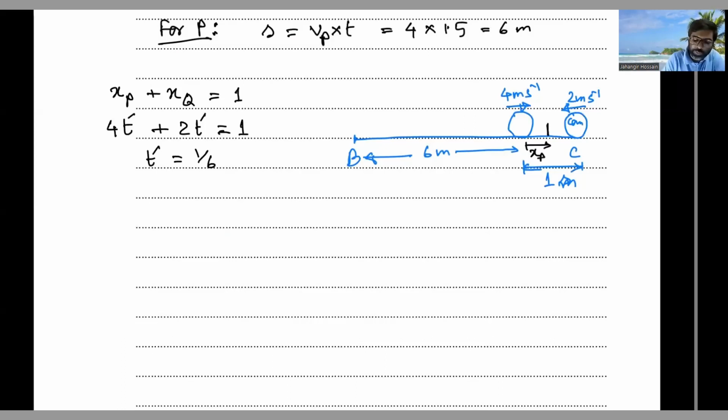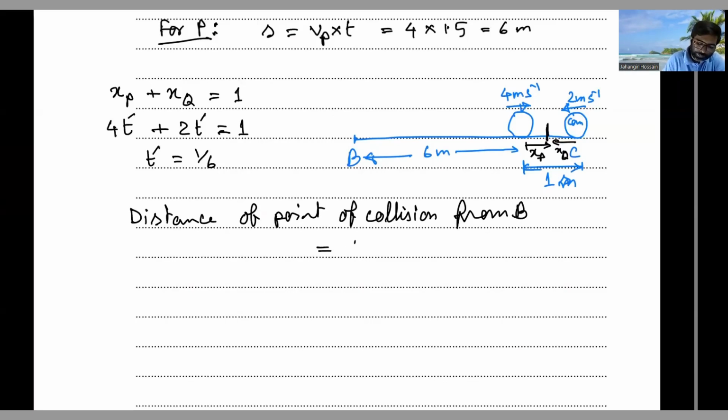This is the distance traveled by P, the distance traveled by Q. So this is the point where they collide, and the distance of the point of collision from B will be 6 plus the distance traveled by P. So 6 plus 4 into T prime, 4 into 1 by 6, that's 2 by 3 meter.